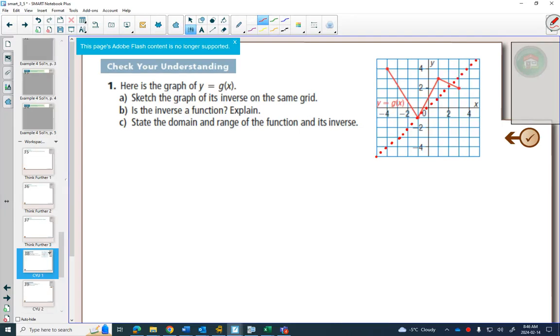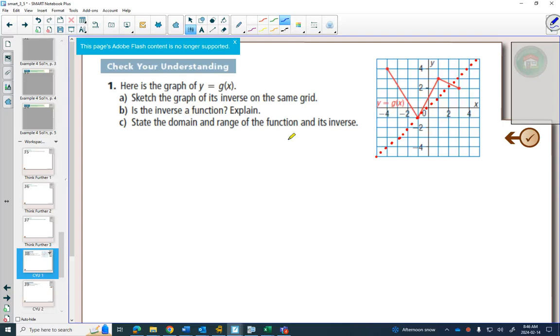We could do it graphically, where you have to flip it or reflect it over that line. Sometimes it's hard for our brains to flip over a diagonal line. On the exam, they will never notice you're cheating if you take your paper and turn it so your diagonal line is horizontal. It's really easy to flip over a horizontal line. It's not really cheating, but it helps your brain. If you turn it sideways, it's easier to flip.